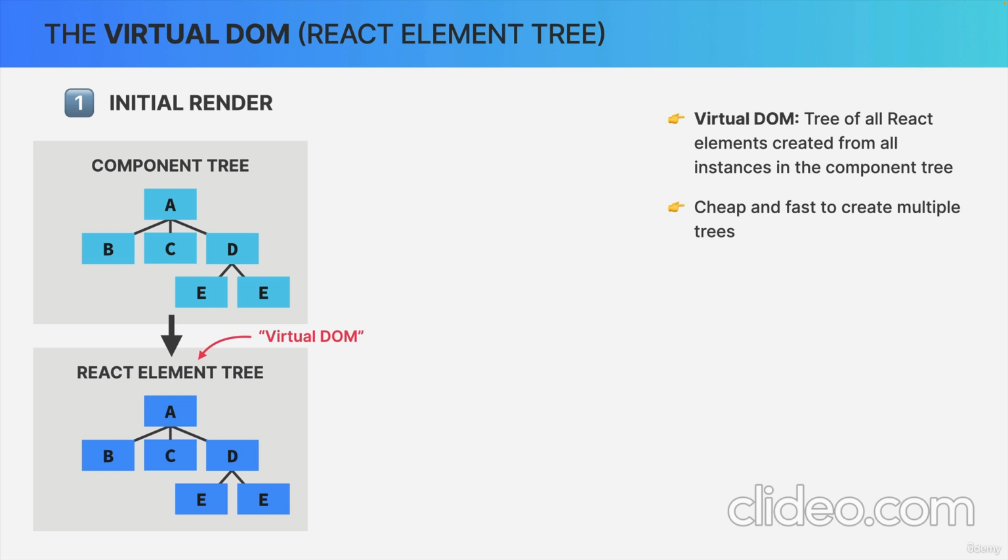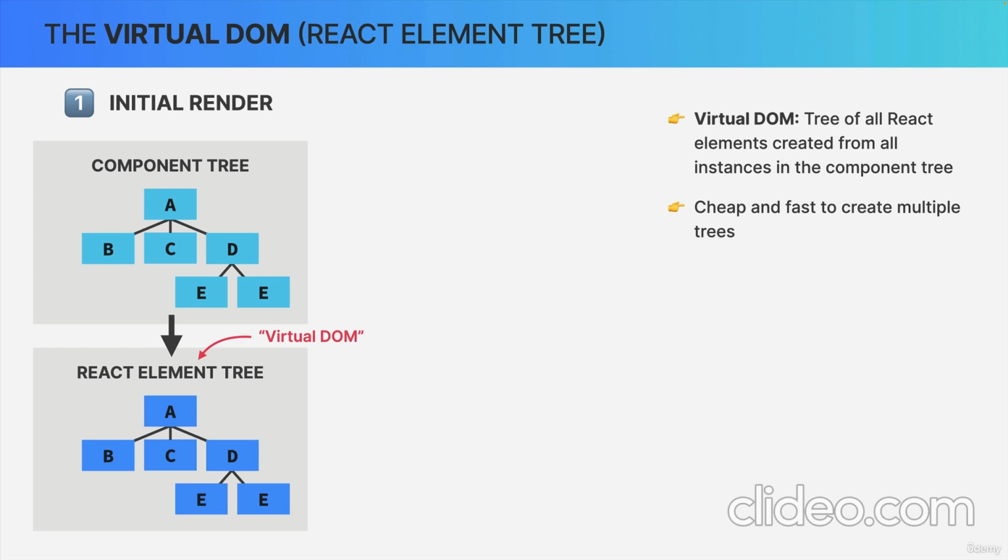That's why the React team has really downplayed the meaning of this name, and the official documentation actually no longer mentions the term virtual DOM anywhere. But I'm still using this term here because everyone still uses it, and also because it just sounds a bit nicer than React element tree.